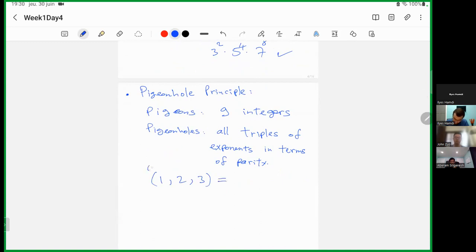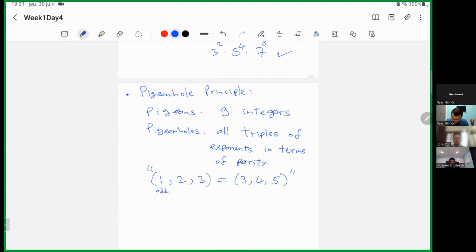In my focus, I'm only considering the fact that parity is the same. If parity is the same, to me, the triple will be the same because I'm only considering parity, right?